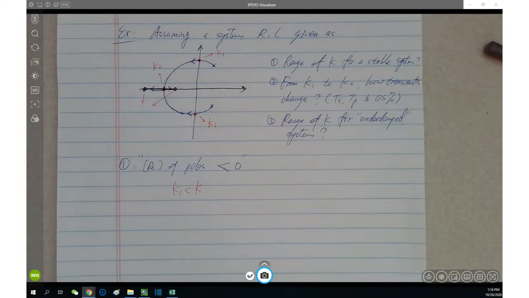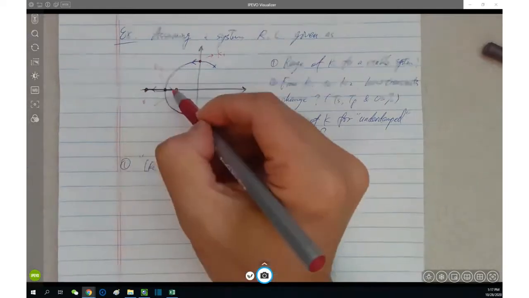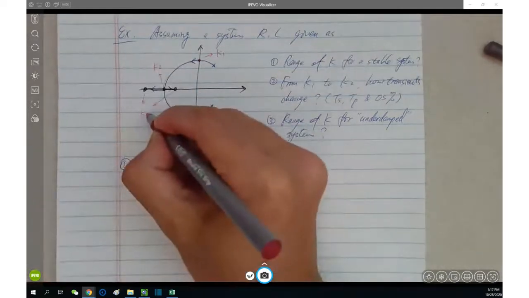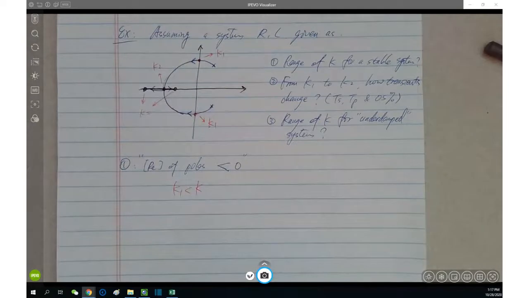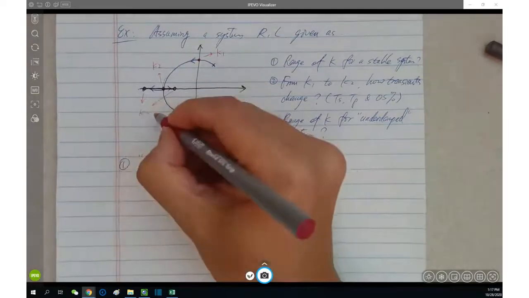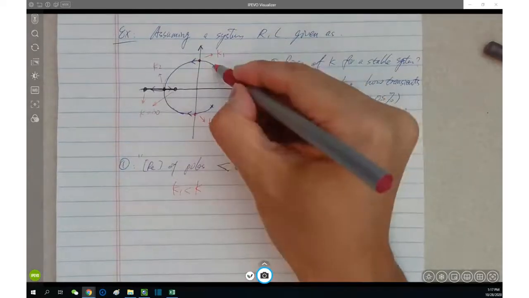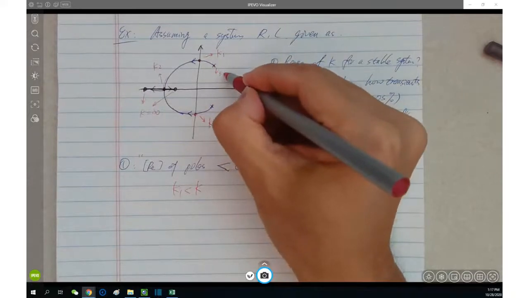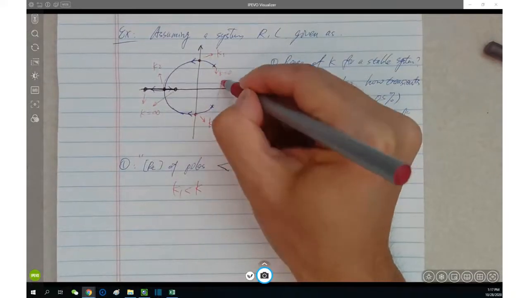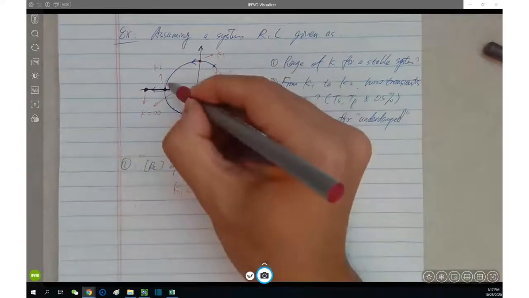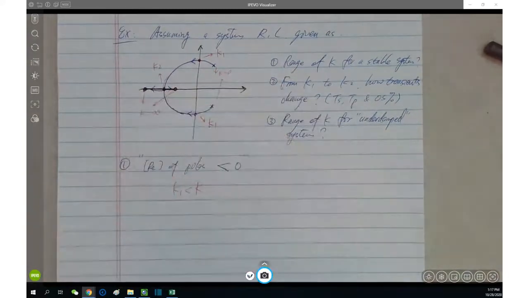These 2 points correspond to K equals what? Very good. Kevin is right. Infinity. Does it make sense? Why infinity? You're starting from K equals 0.